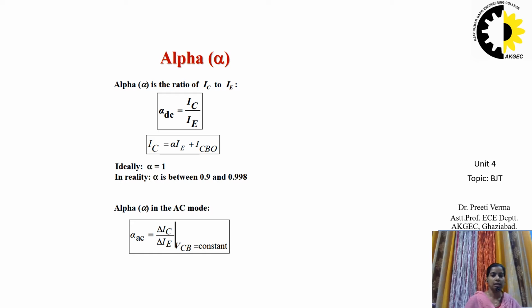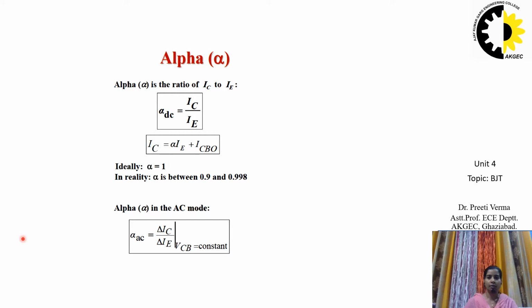So alpha DC we can define as IC upon IE, the ratio of DC output current to the DC input current. IC is alpha IE plus ICBO. This alpha IE is the IC that we have seen. IC is equal to ICO plus ICBO. So ICO is written here as alpha IE.